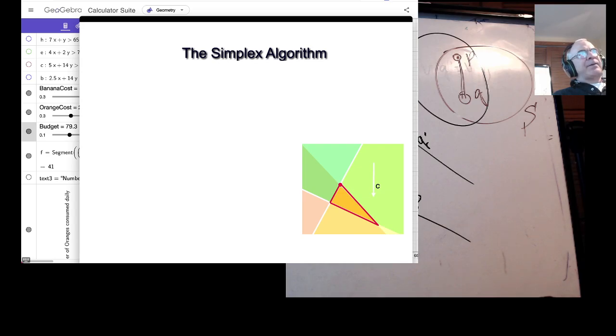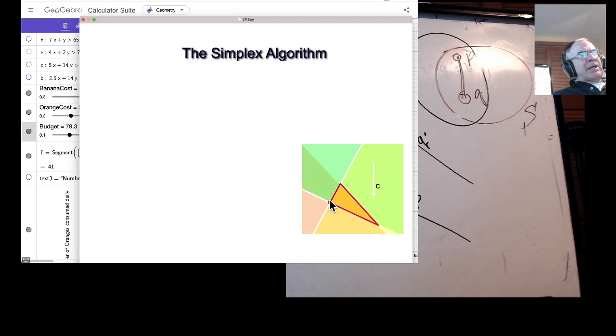I'll catch a vertex in the feasible region, and then, following the idea of steepest descent, I will try to walk along the boundary of the feasible region until I hit another vertex.